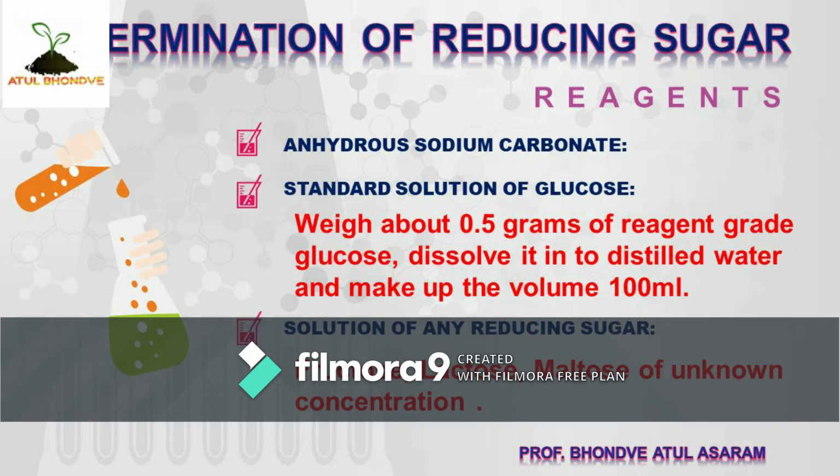Third, anhydrous sodium carbonate powder, which we are already using. This is the anhydrous sodium carbonate powder. Fourth, test solutions: solution of lactose and solution of fructose. We prepared the solutions of lactose and fructose here, and the procedure to prepare these solutions is given in front of you.